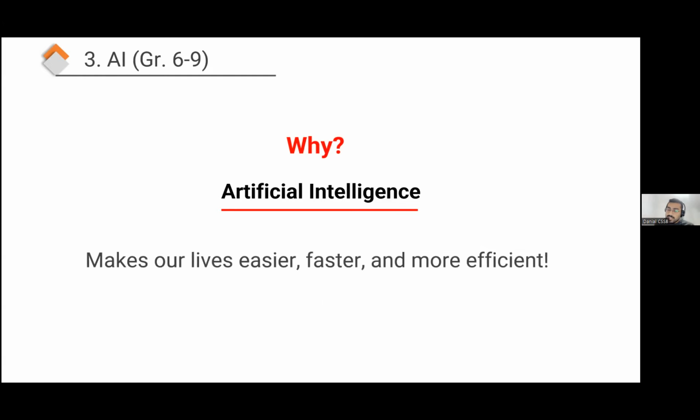And why do we need AI? It makes our lives easier, faster, more efficient. And nowadays we are going to have AI in everything. Every other part that you just saw in the Python series, it's going to be available in AI too. We have it in websites, games, automobiles, right?